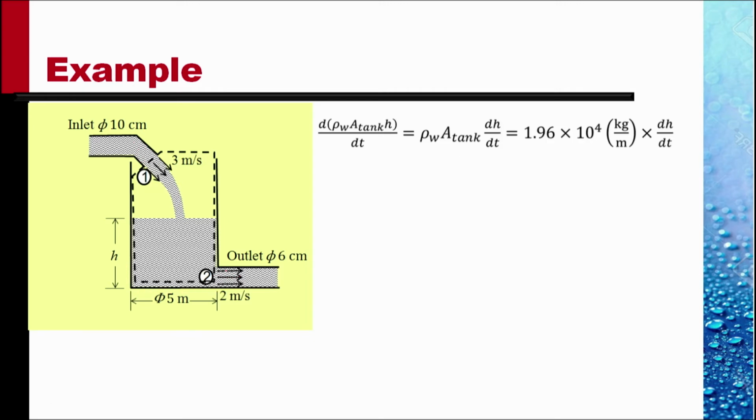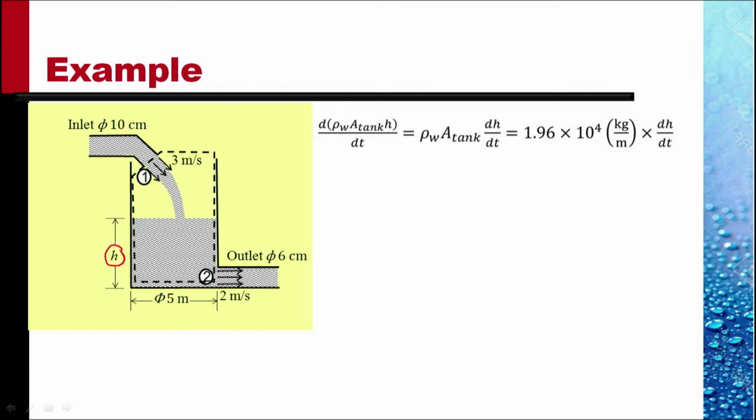So, if we apply the mass balance equation, the first term is the rate of accumulation of mass, which is the rate at which mass of water contained within the control volume changes. The mass of water within the control volume is rho W, the density of water, times the cross-sectional area A of the tank and the height h up to which the water is stored in the tank.